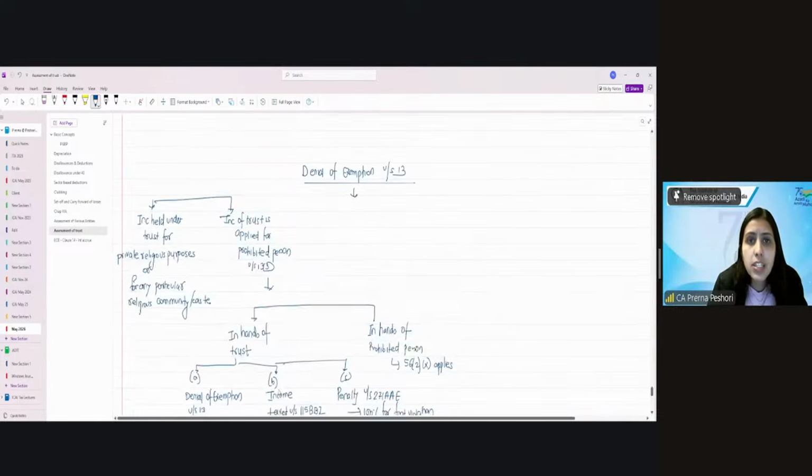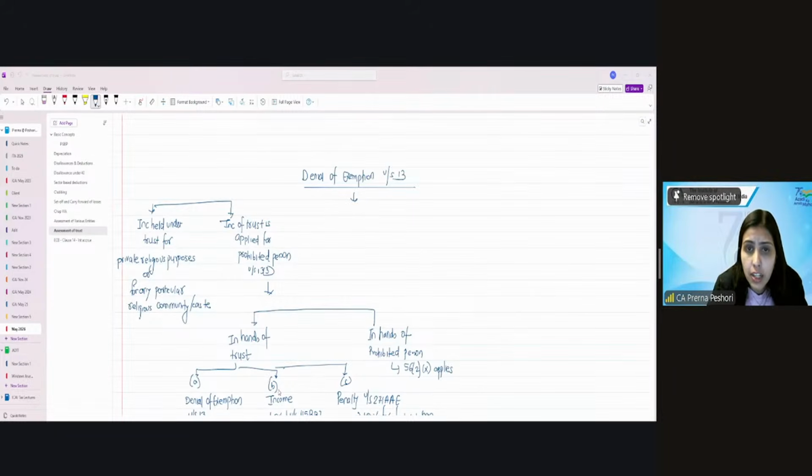What are the other cases in which the exemption gets denied? So, for example, if the funds which are to be deposited in the mode specified in section 11.5, if you deposit the funds in mode other than 11.5, in impermissible mode, then in that particular case, the exemption will get denied.